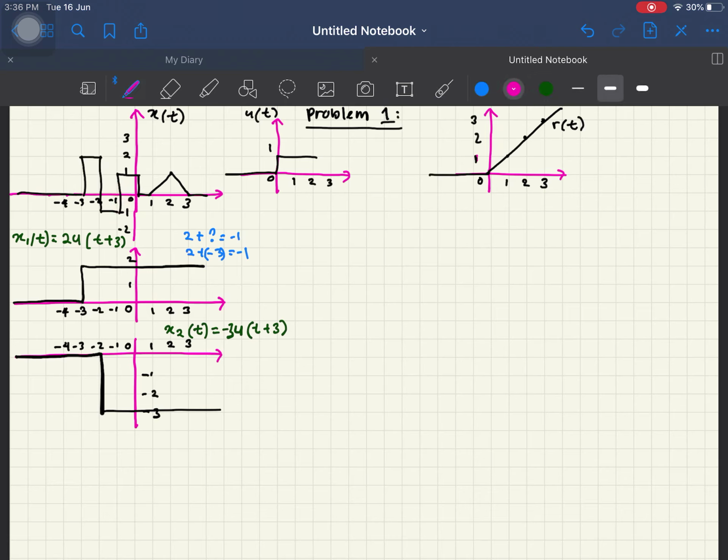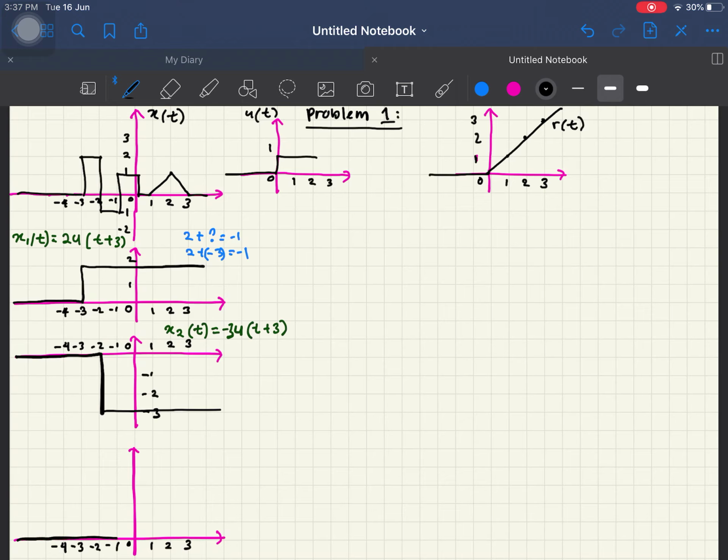So let's draw the third signal. The signal is 0 until minus 1.